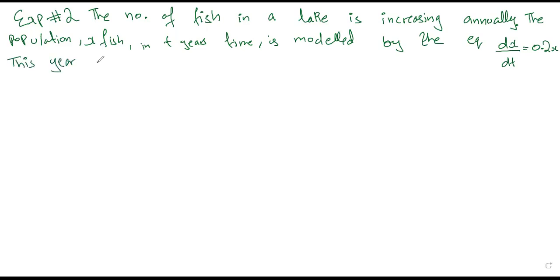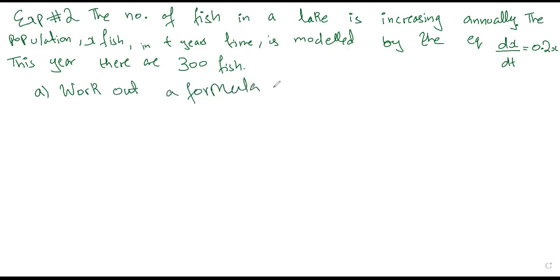This year, there are 300 fish. So part A is: work out a formula for the number of fish after t years.